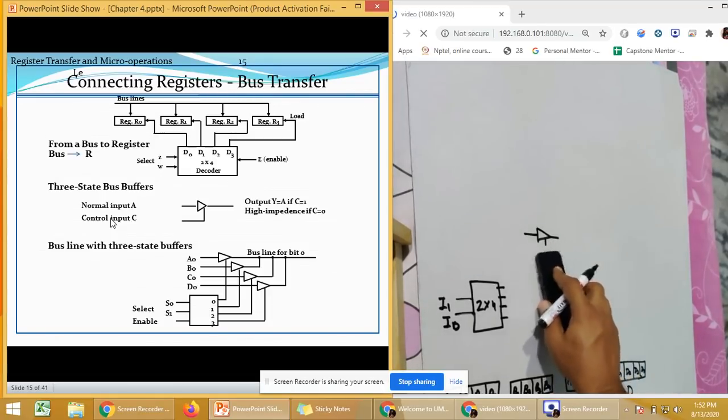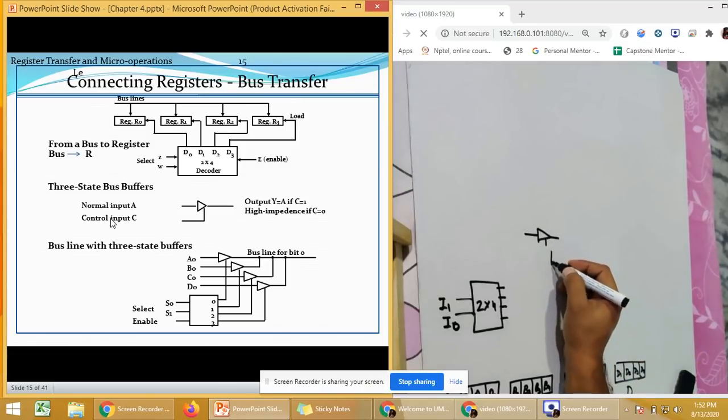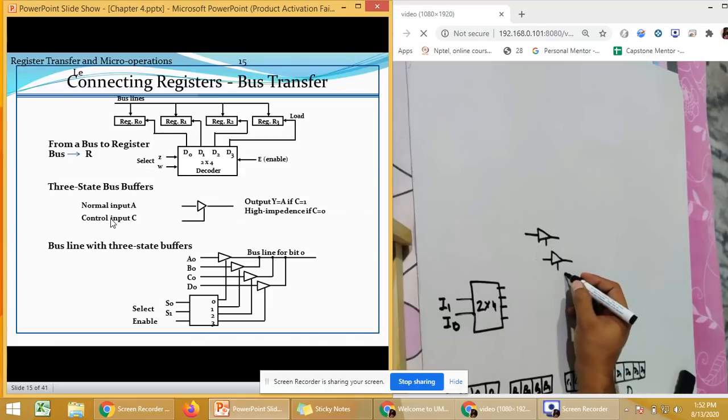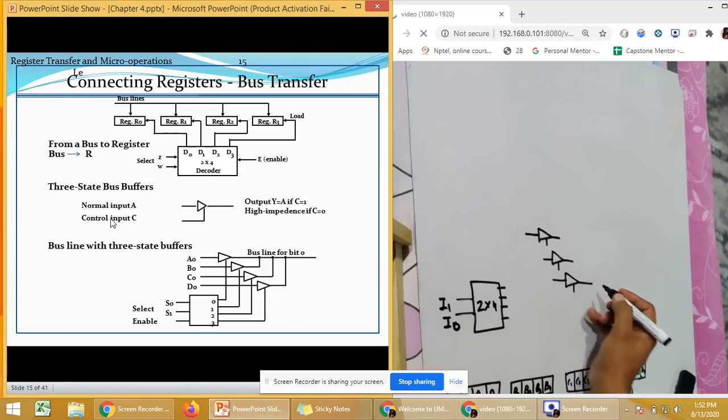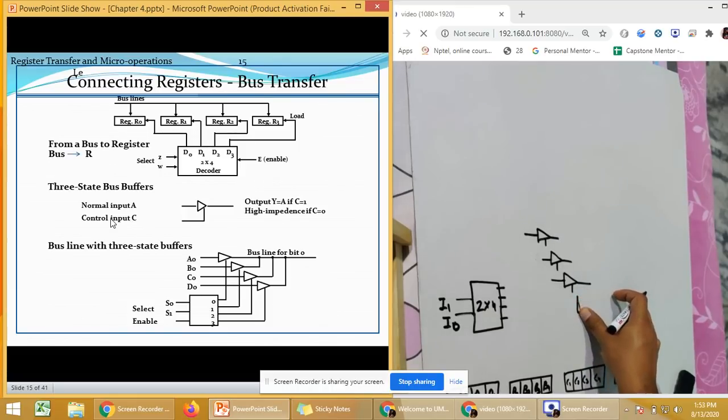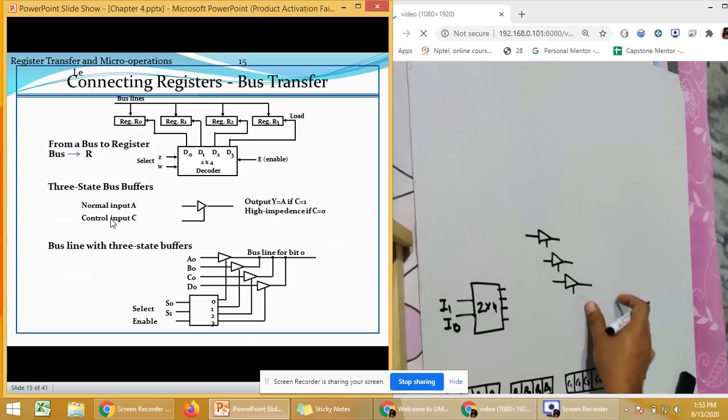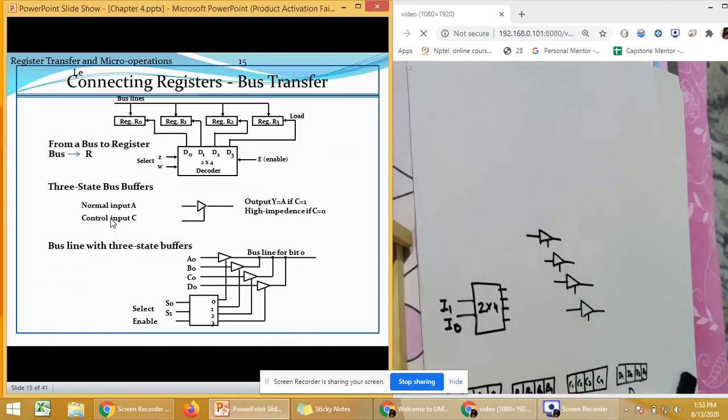Some space between. Okay. So now how is it going to operate?